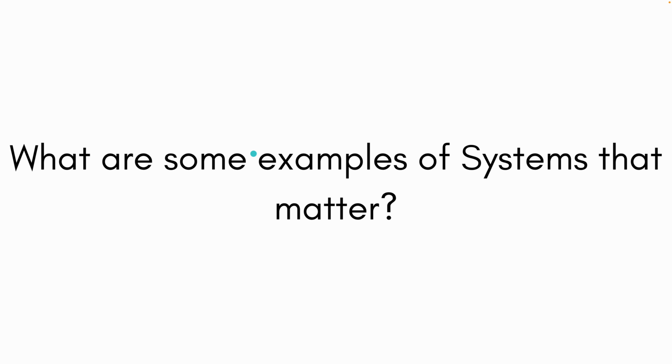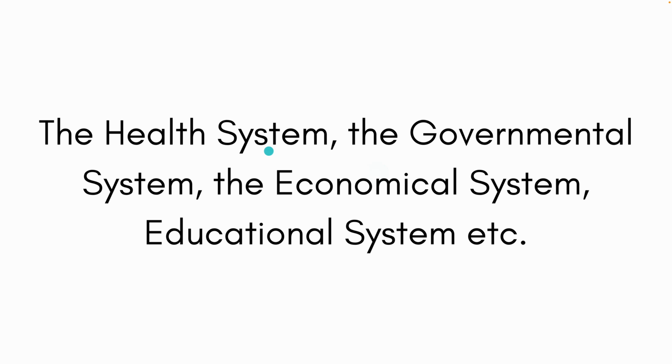So what are some examples of systems which have value, which matter, which can improve our lives, which can improve the system if we were to fix them? So I said a couple of these before. The health system, the governmental system, the economical system, the educational system. There are more as well.